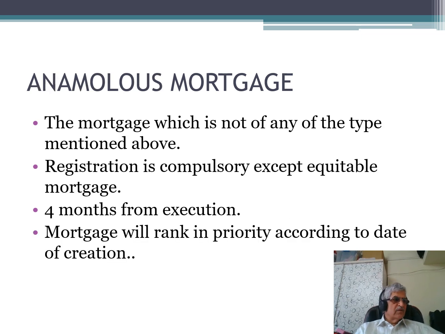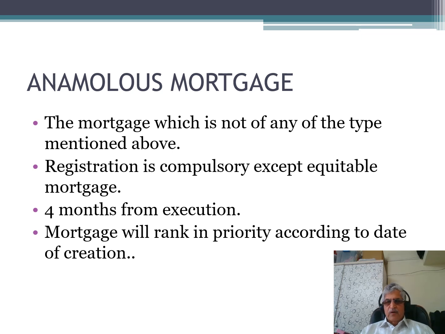Then the anomalous mortgage. Above all, of the five types of mortgages which we have considered, this type of document execution can't be fitted in those. There may be some points or some benefits from this mortgage, some from that. It is called an anomalous mortgage.